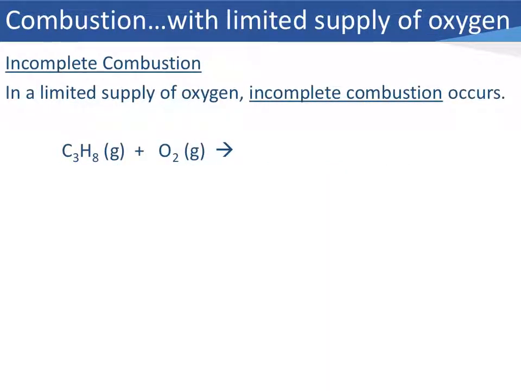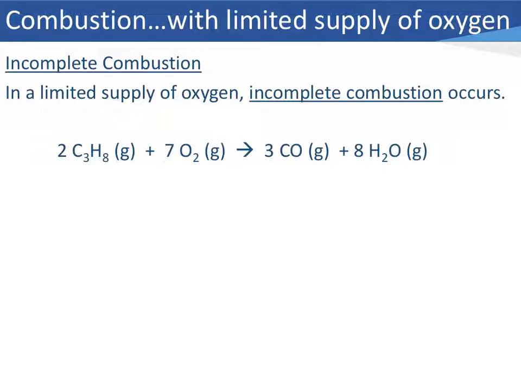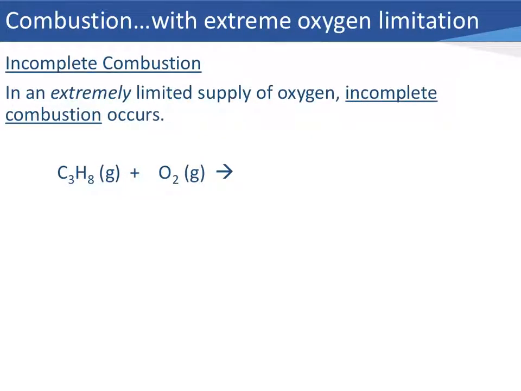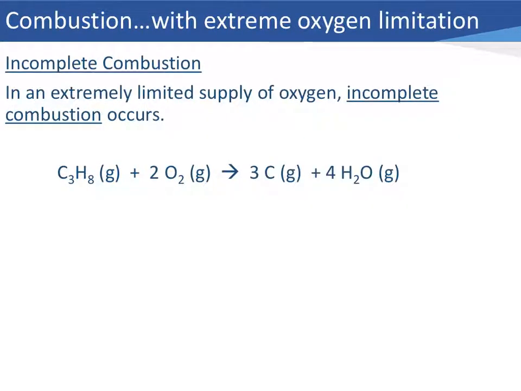If I have a limited supply of oxygen, incomplete combustion can result in carbon monoxide and carbon, and sometimes some CO2. It depends on how much oxygen is present. So we might get some carbon monoxide and some water. If there's really limited supply of oxygen, we might only get carbon and water. So are you expected to know how to predict whether it's some carbon dioxide, some carbon monoxide, only carbon monoxide, only carbon?